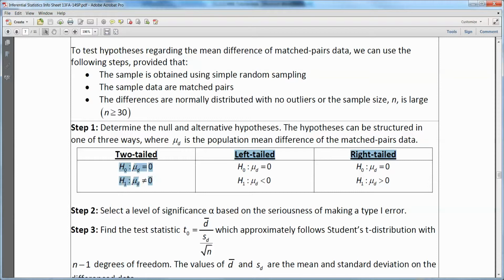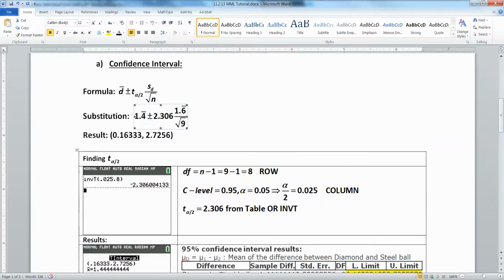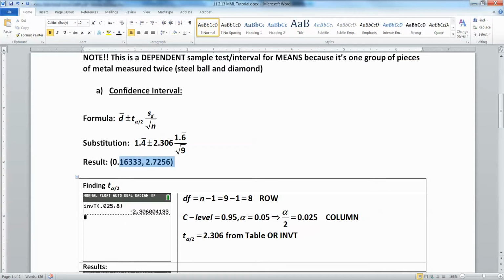And for a confidence interval, it's really this one right here, the two-tailed one, that you care about, okay? If it's a two-tailed thing, the null hypothesis is that the difference between diamond and steel ball is 0. And the alternative to that is that it's not equal to 0. So when you look at your confidence interval, you can see 0 is not in there.